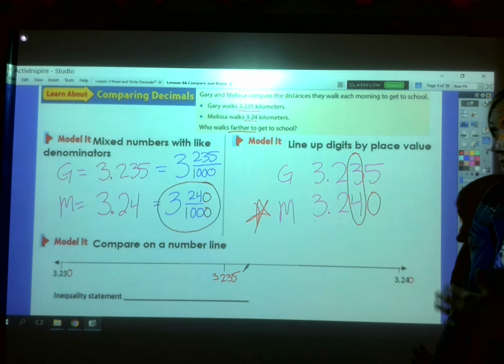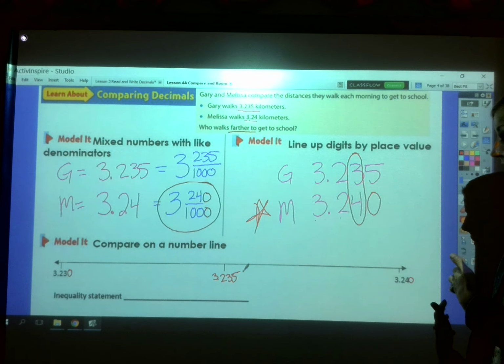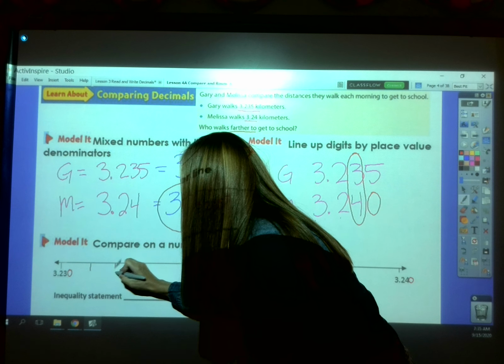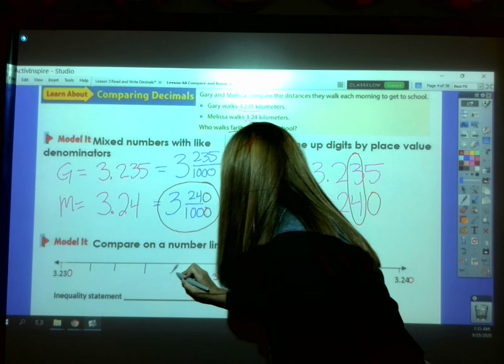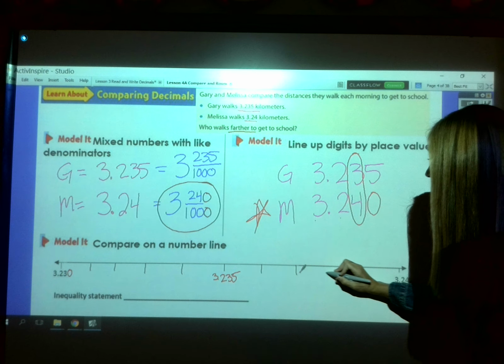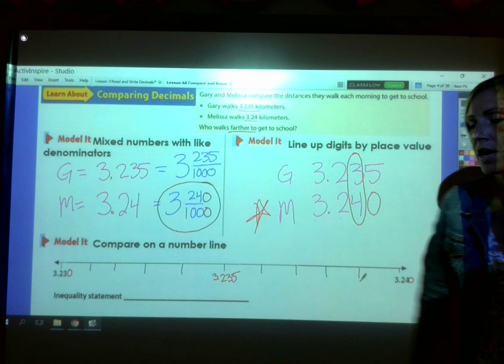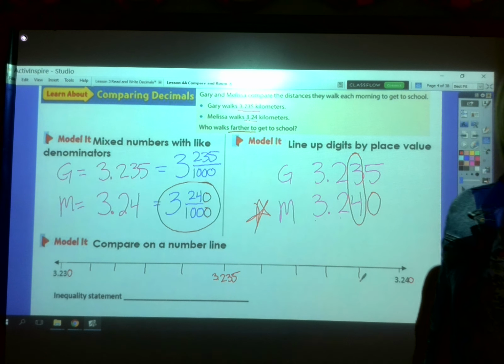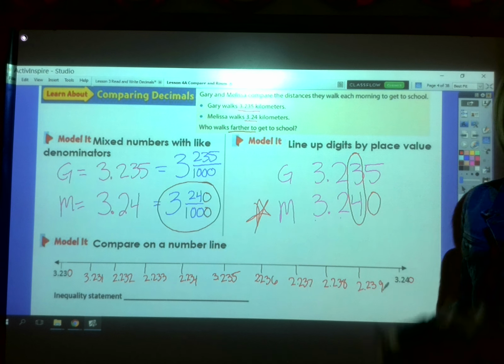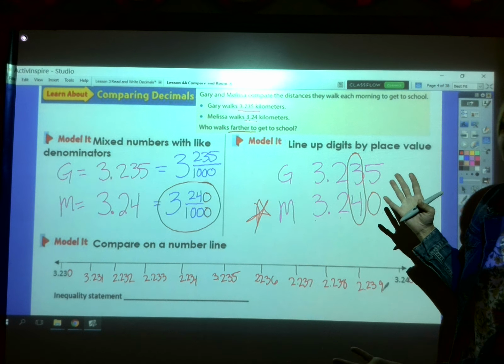And then now I can do my cuts of 10 to get to 10 total pieces. Okay? Now I'm going to fill in all of the different amounts on each line. So voila, my number line is done.